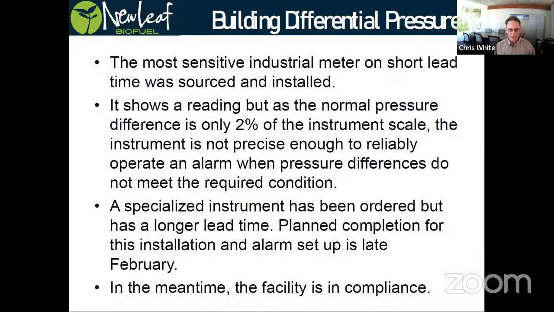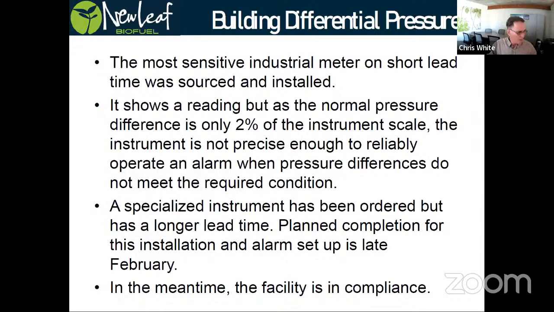In the meantime, we do have a handheld instrument that tells us that we are in compliance and having negative pressure relative to the outside, inside the building. But this is another situation where we're not quite sure what the expectation of the APCD was. Maybe that's something we need to have an explicit conversation about.